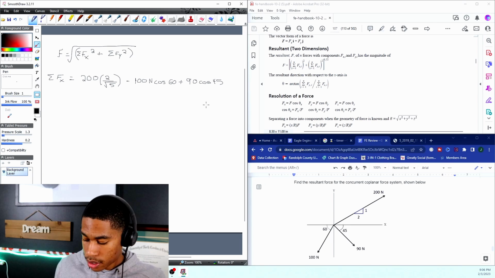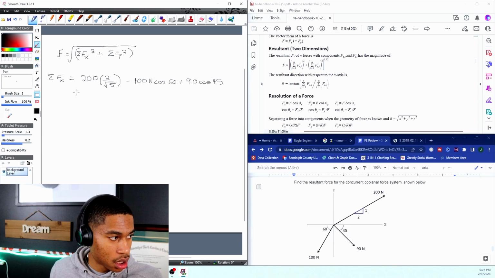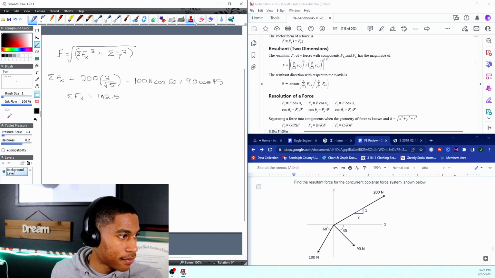Okay, so I'm getting the sum of the F in the x direction is equal to 192.5. Okay, so hopefully that doesn't look like a... oh, that made it worse. Try that again.